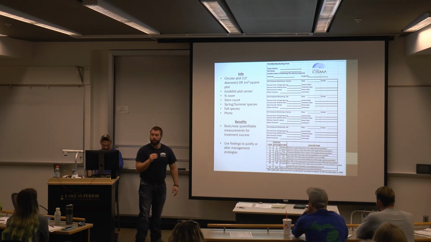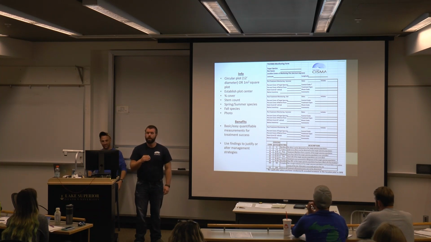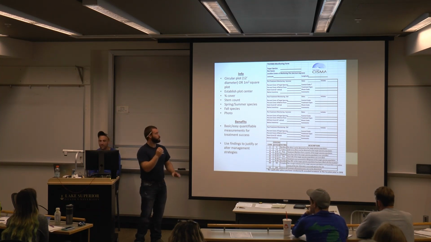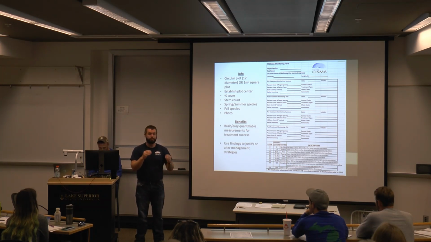Something that we developed about 4 or 5 years ago, because we can take pictures all we want, before and after pictures are great, but then having even a small quantifiable count helps. So we've started doing stem counts within like a 3-foot radius of the plot center.